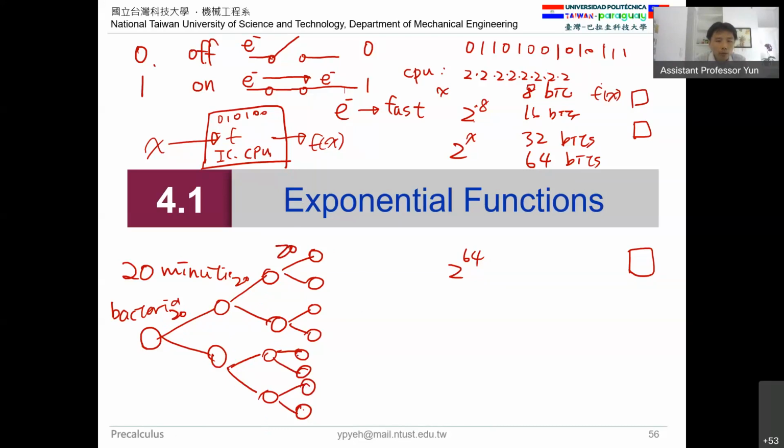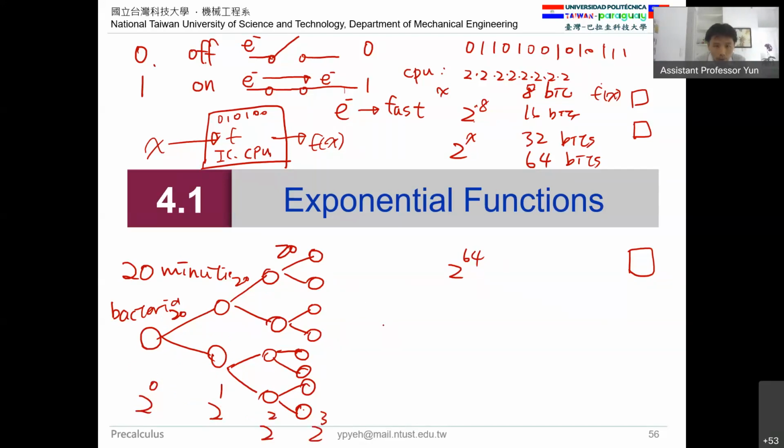Okay, so then you can see that they have a certain phenomenon. This is 1, starting from 1, or we can use 2 to the power of 0, and this will be 2 to the power of 1, and this will be 2 to the power of 2, and this will be 2 to the power of 3.